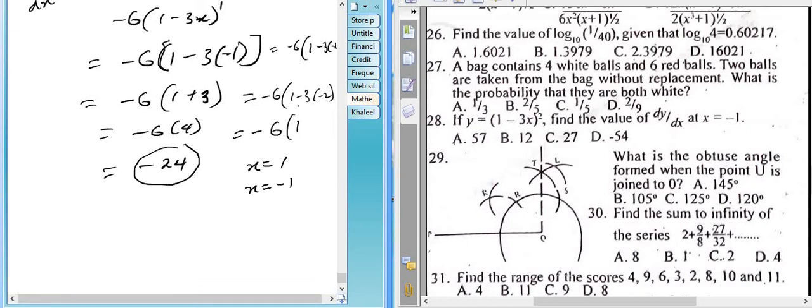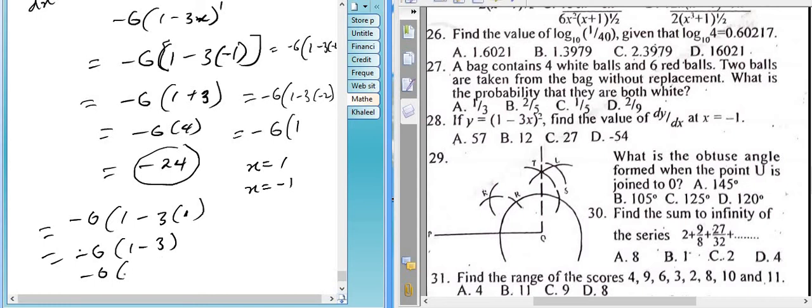But if you take it as minus 1, the answer is going to be minus 6 into (1 minus 3 into 1). Then from here we can say minus 6 times minus 2, which is equal to 12. That's positive 12.